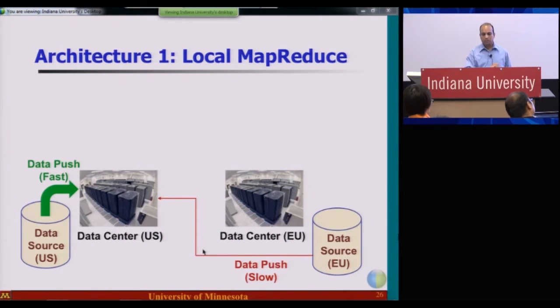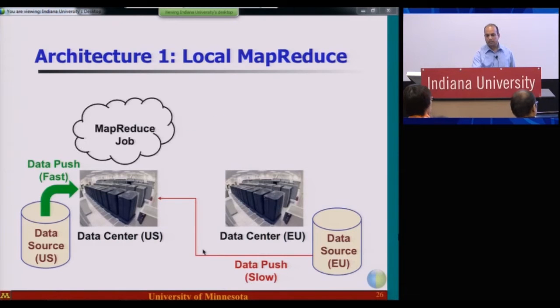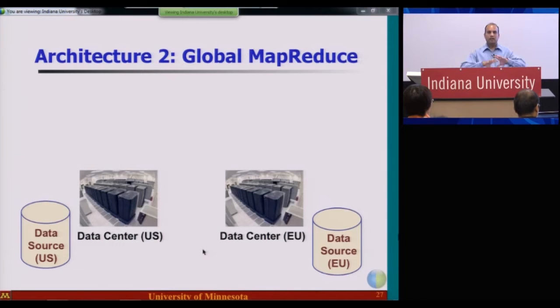So this would mean pushing the data from the US source to this US cluster, pushing it from the EU source, which may be much slower, carrying out the MapReduce computation, and then getting the output. Another possibility is to actually set up a global MapReduce cluster over all of these resources.